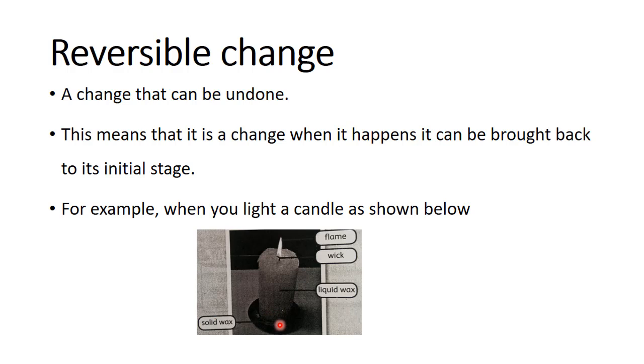That's why at the bottom, after a few seconds, it will freeze and become a solid. So this is the solid wax, and it is formed around the candle itself.